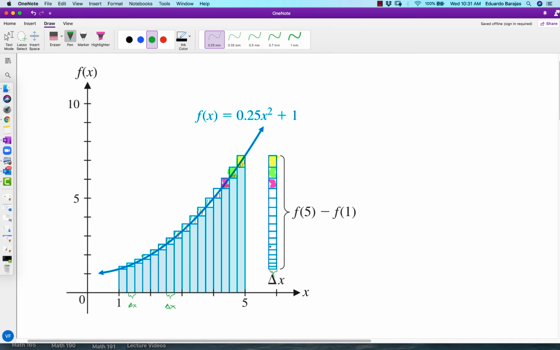And now the height, well, the smallest one is going to start here at f of 1. And then the tallest one goes all the way up to there, which comes all the way over here as an f of 5. So say somewhere around there is f of 5. So that is the height. We got a giant rectangle made up of all these tiny little pieces. Its height is f of 5 minus f of 1, and its width is delta x.